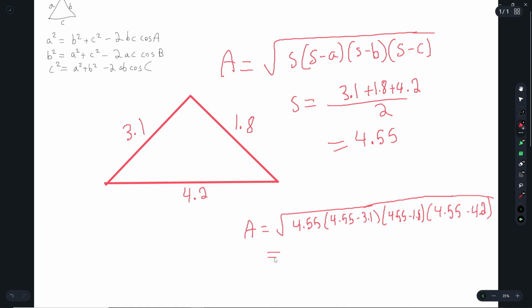Then you do this on a calculator. And you get 2.51. So the area of this triangle is 2.519.